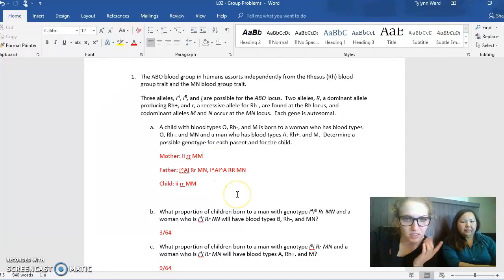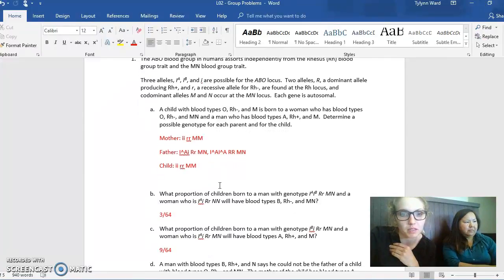And then for the father, since he's A positive, it could be big I, little i, homozygous R, MN, or homozygous A, homozygous R, MN. And then for the child, since the child is O, he has to be homozygous recessive in both of the traits, and then MM, homozygous dominant for the M allele.